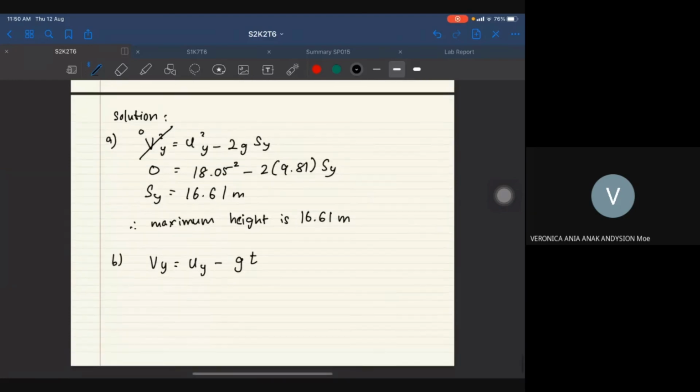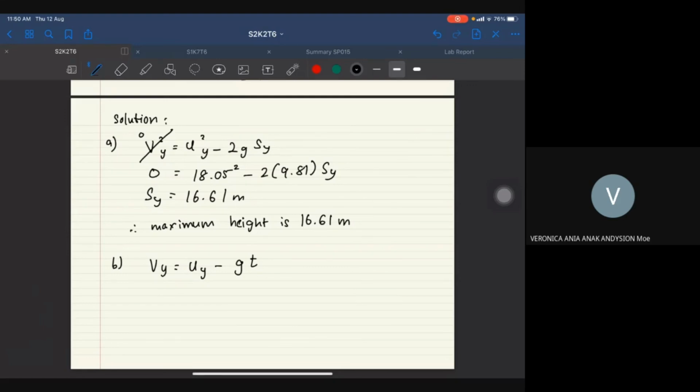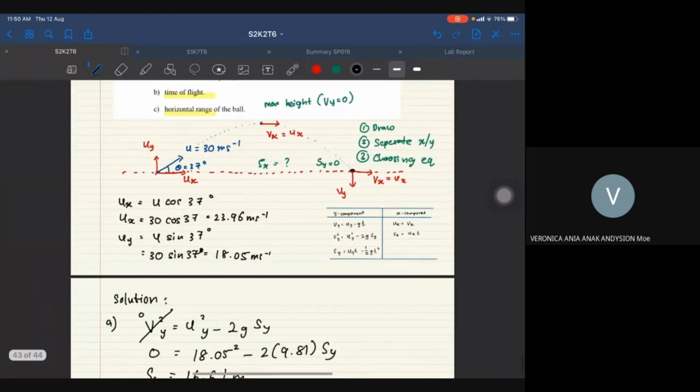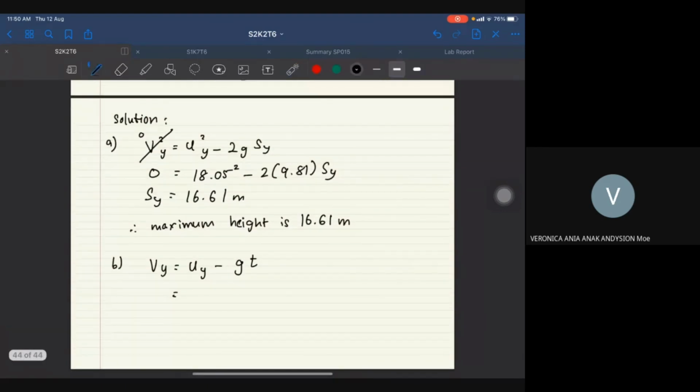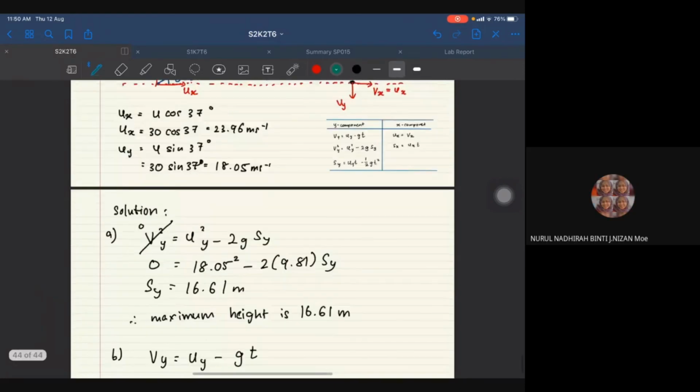Okay. Now, you know that Uy is equals to, kita start at Uy. Uy is this value. This one is equals to 18.05. So it is pointing upwards, so it is positive lah. Positive 18.05. Okay, how about my Vy? Saya cakap tadi Uy is equals to Vy, betul? Betul.